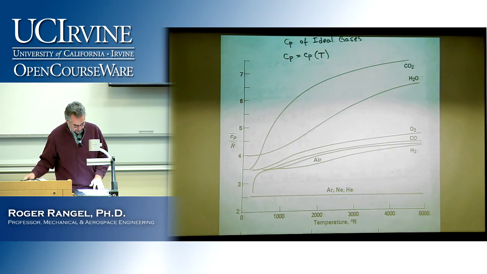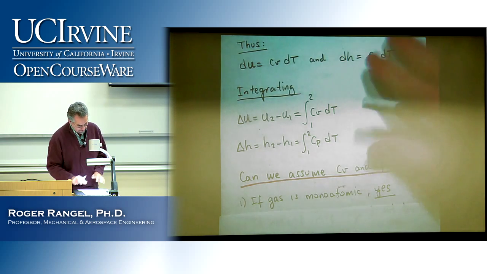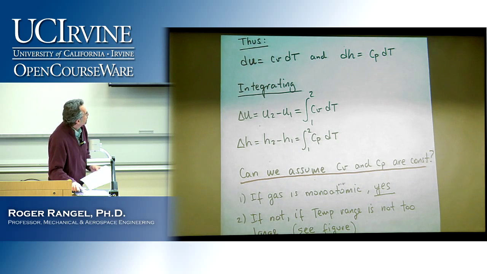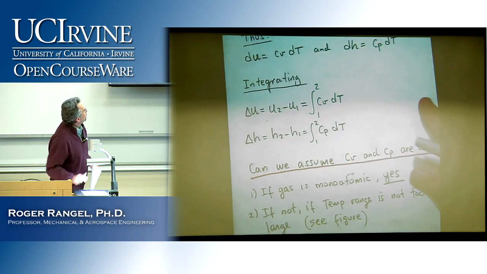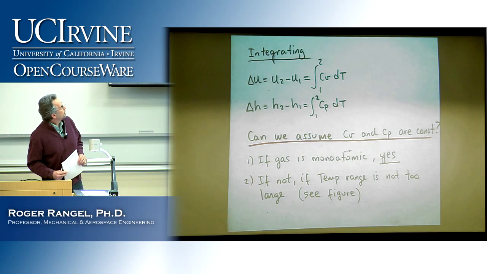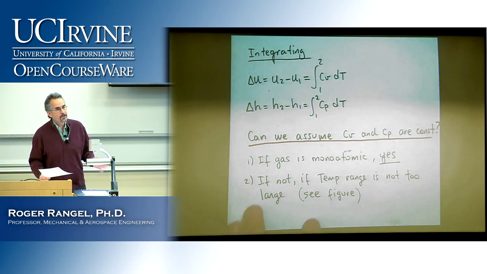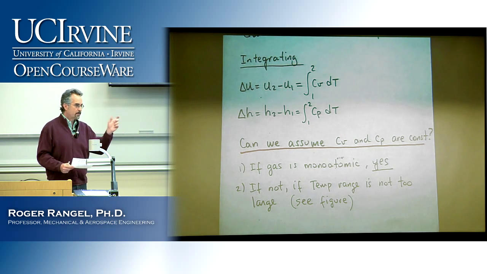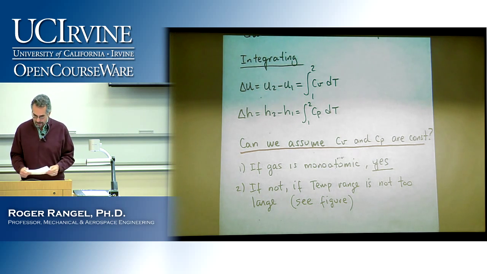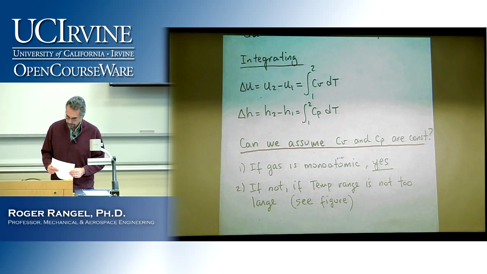So the second part of the answer is that if the temperature range is not too large, then maybe you can assume that it is constant and take it out of the integral.